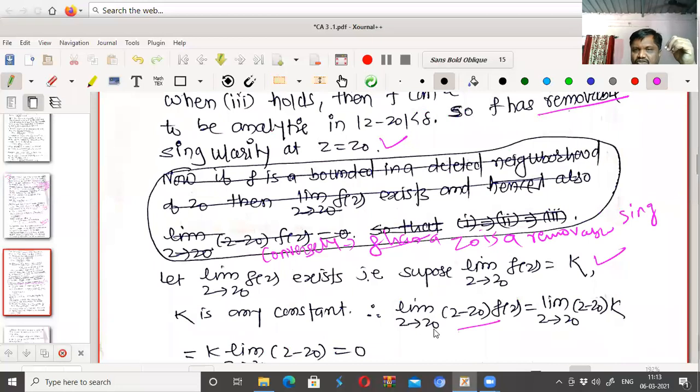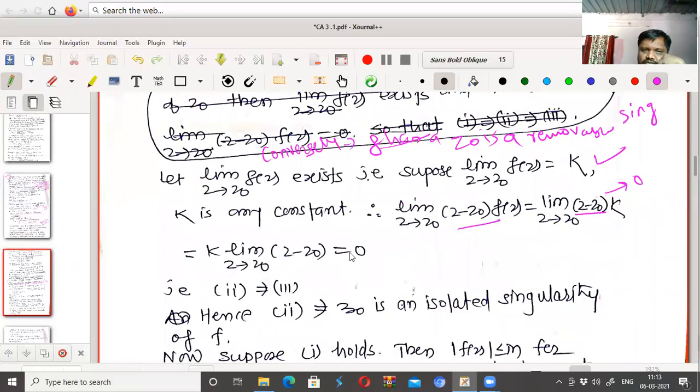Therefore, the limit as z tends to z0 of (z minus z0) into f(z) equals the limit of this into the limit of this, that is (z minus z0) into k. Now, as z tends to z0, z minus z0 tends to 0, and 0 times k equals 0. So if z0 is a removable singularity of f, then this limit is equal to 0. So both parts we proved.